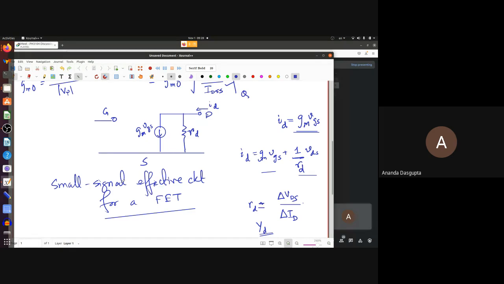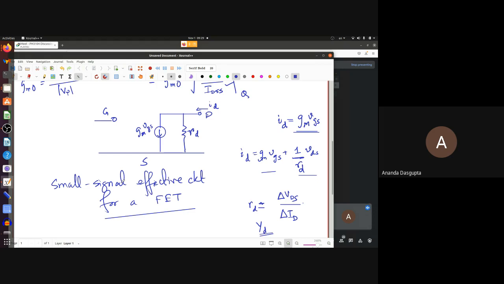As I said, this equivalent circuit is way simpler than the corresponding equivalent circuit for a BJT, because for the BJT you have to worry about both the input side and the output side. On the input side, you have HIE and HREVCE if you are using common emitter and the small signal H parameter model.